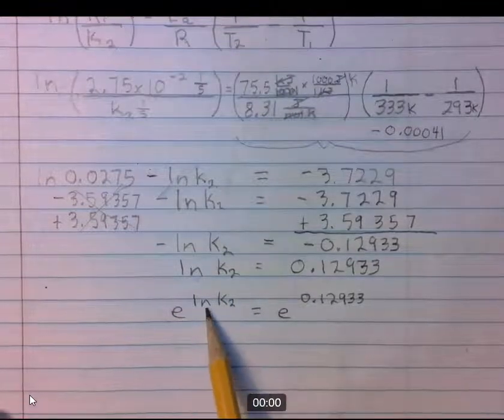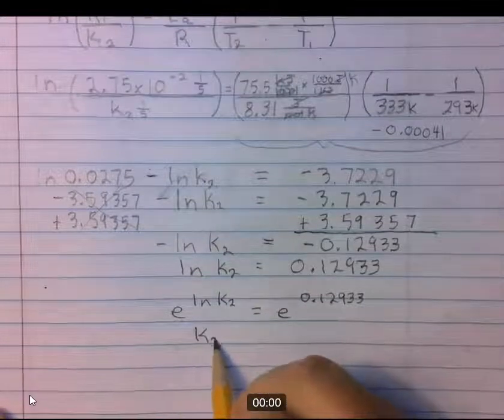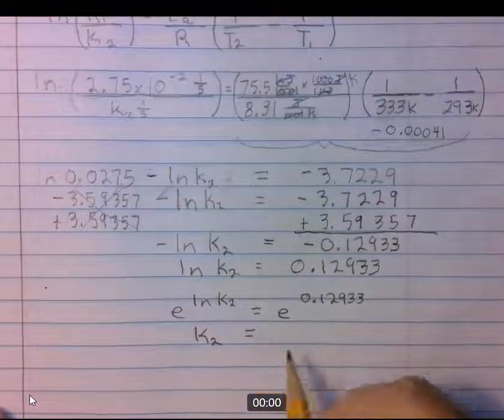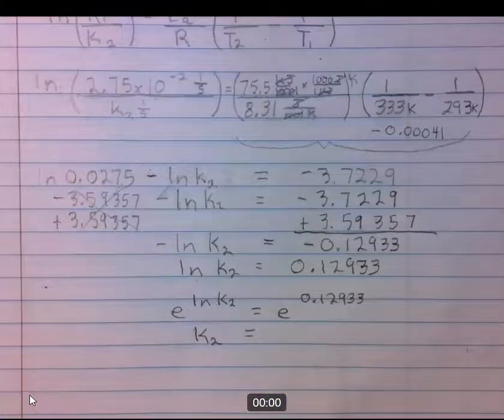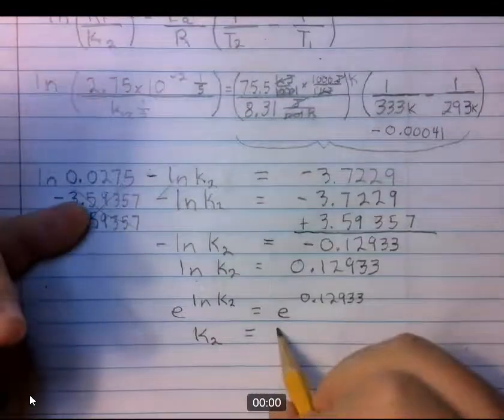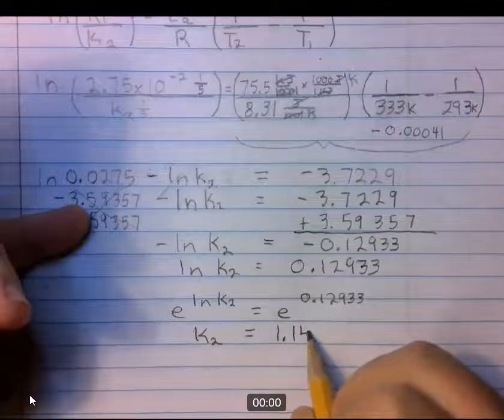So this e to the ln K2 is simply going to equal K2. It undoes it, it inverses it, gives you just K2. And now we go to the calculator and you push second ln. That gives you e caret parenthesis 0.12933, close the parenthesis, hit equal, and you get 1.14.